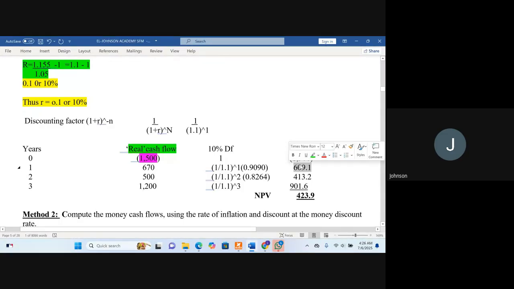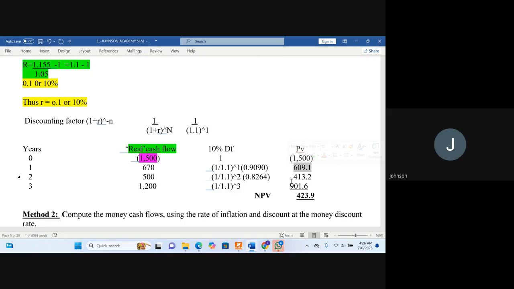For the last year, we now say 1 over 1.1 raised to power 3. Do that for me. 1 divided by 1.1 equals this. We now say times 0.909 times 0.909. For those of you that don't have a calculator, that's how you work on it. So what do you get?